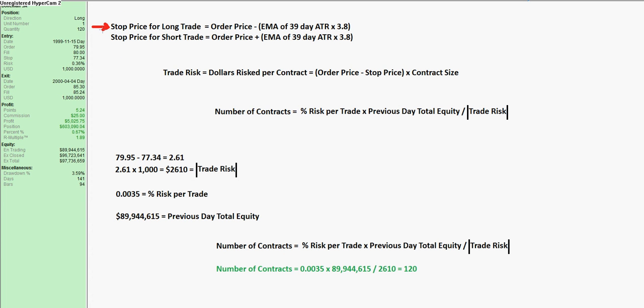That says the stop price for a long trade is the order price minus 3.8 times the 39-day ATR. The 39-day average true range is an exponential moving average of the true range, times 3.8. 3.8 was just our ATR stop that we chose in the Dancian 3A parameters. It could have been 5, 10, or 3; we could choose whatever we wanted, but this system has it at 3.8.